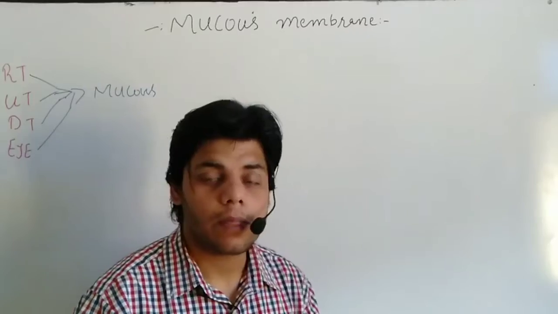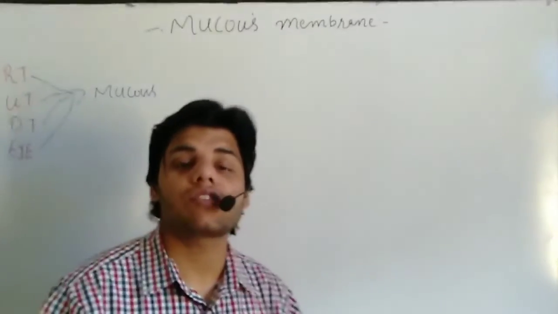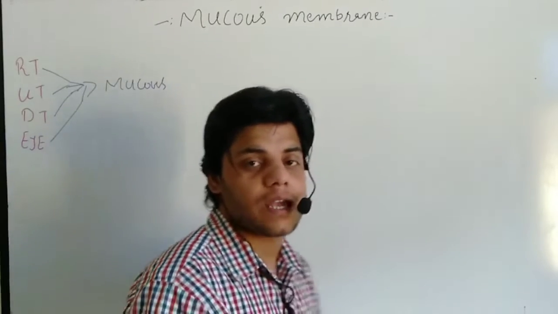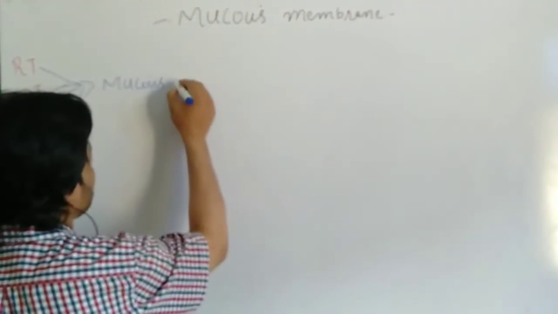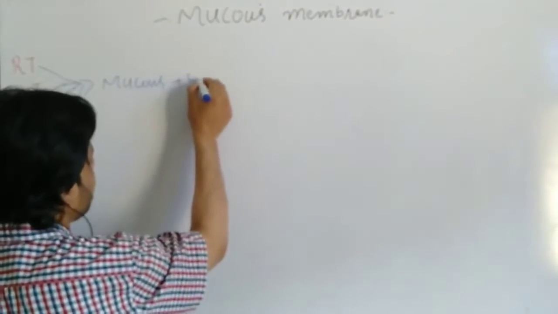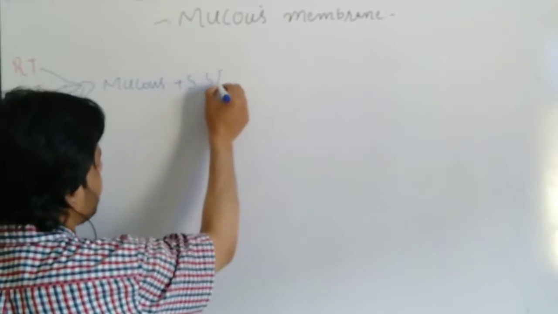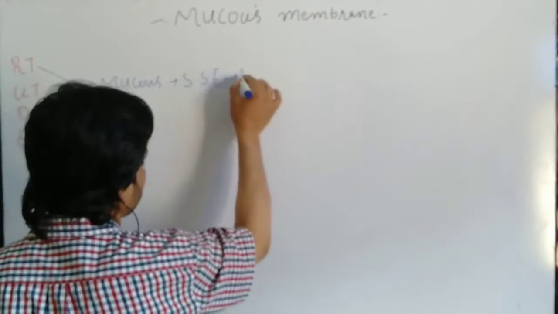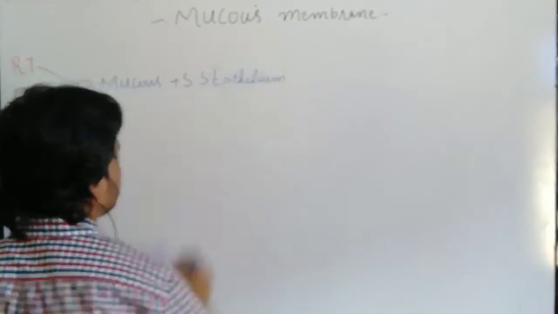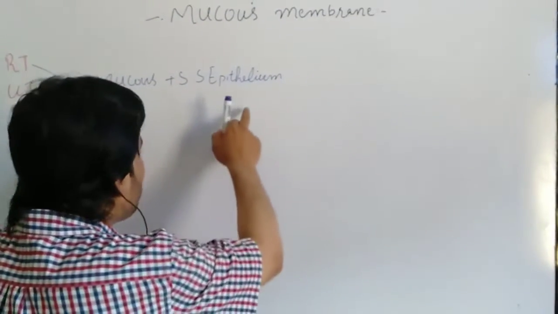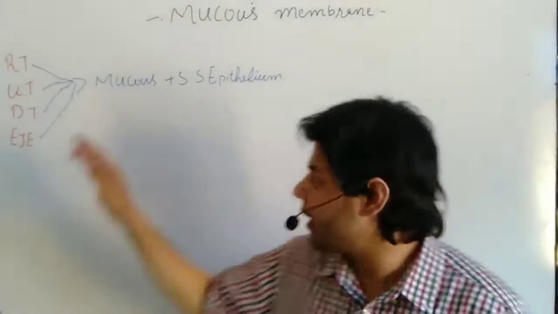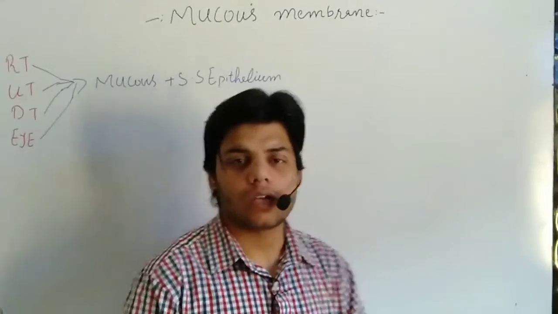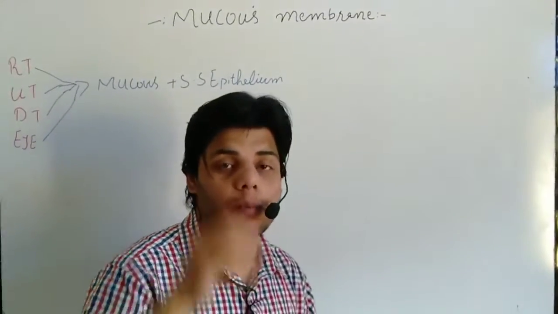But what actually happens? Along with the mucous membrane, we have some special cells which we call stratified squamous epithelium. So let me write. We have stratified squamous epithelium. Now these two, the mucous membrane and the squamous epithelium cells, when combined together, both have antimicrobial property.